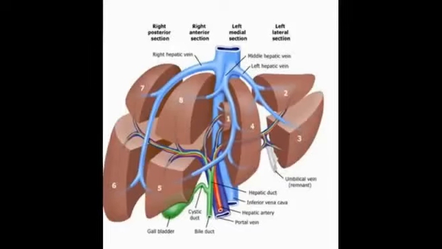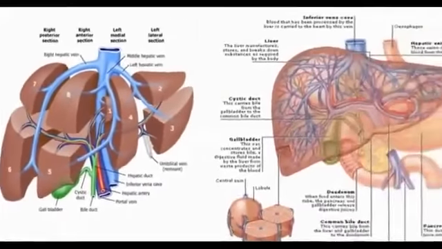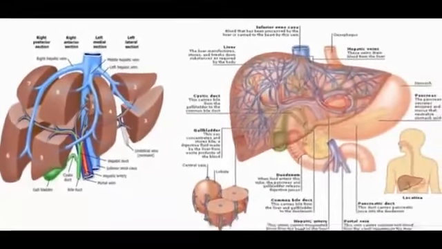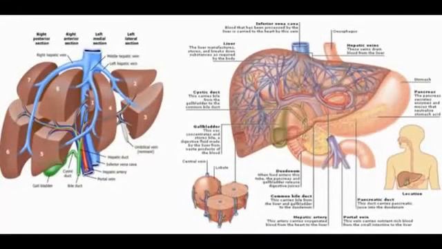The hepatic portal vein, the nerve branch, the bile duct, and also the lymph vessel. Because of that separation, the liver has eight main lobes. And as you see, it is again a pyramidal structure of the organ.